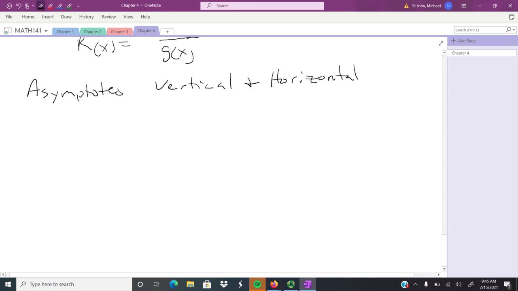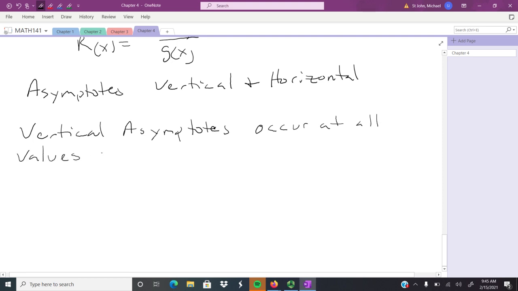So vertical asymptotes occur at all values of x that make the denominator equal to 0.